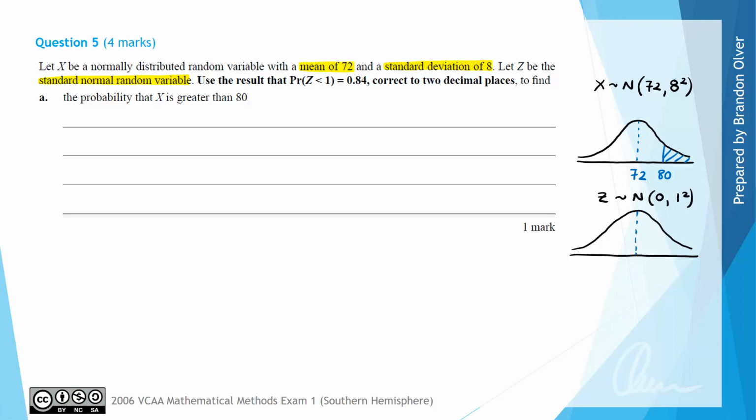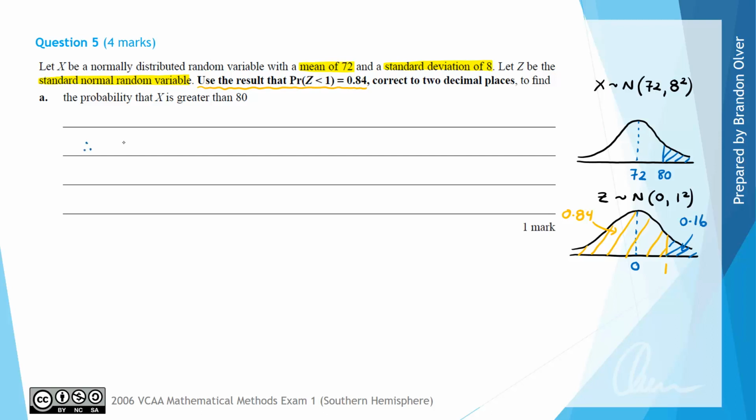We know that the mean here is 0, and we were given that the probability that z is less than 1, this area that's shaded, is equal to 0.84. That was the information given in the question. Because these two distributions are just variations of each other, and both are normally distributed, this area up here also corresponds to the probability that x is greater than 80, and that value is 0.16.